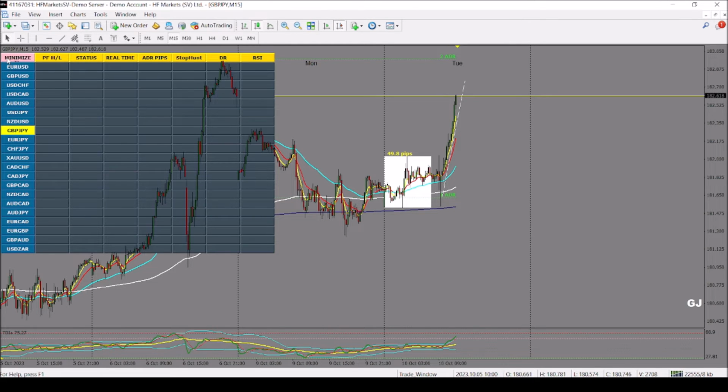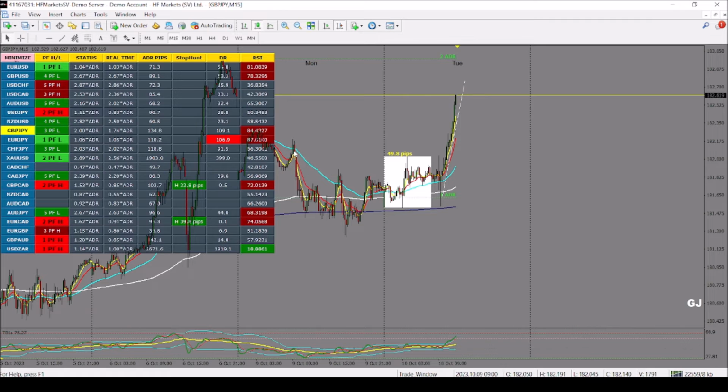The first component is the panel. A panel which shows price movements, and by price movements it shows us the status, real time, ADR, then the average daily range in pips, but I'm not concerned with all these. The first two columns are what are important: the instrument and the status of the peak formation high or peak formation low, right?